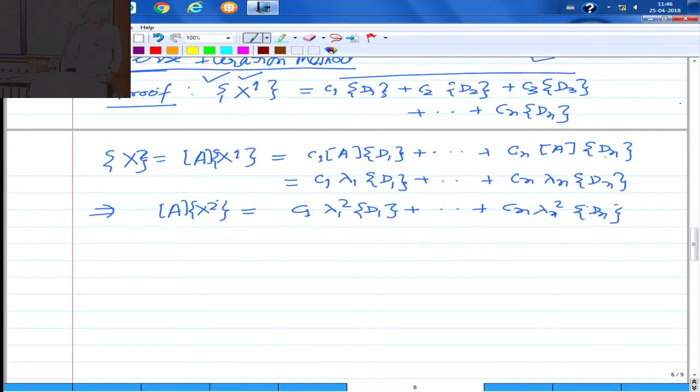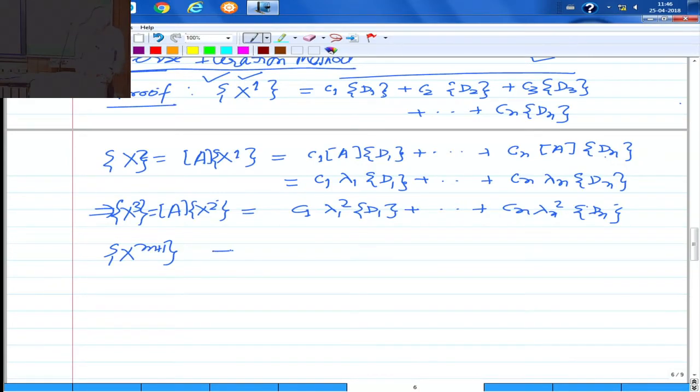The first one I called x1, and this one, A into x2, is x3. If I do this m number of times, the power goes one higher, so finally I get x m plus 1.